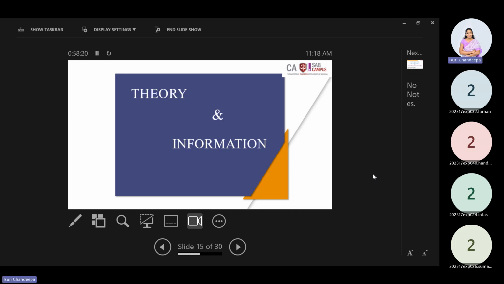Based on the information, we are going to have the results. So the collected information is the foundation for the ultimate results. That is the role of information in research. Therefore, theory plus information play a huge role in research.